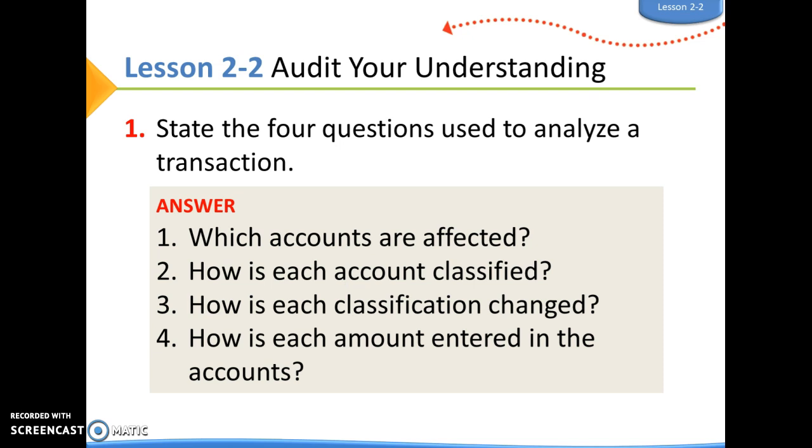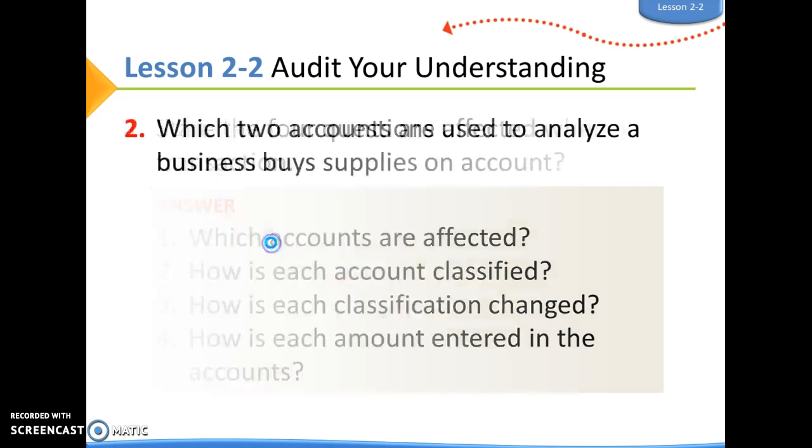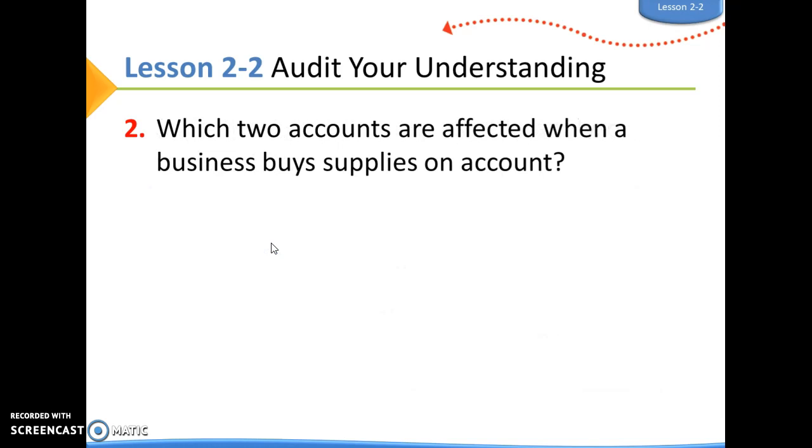Okay, which accounts are affected? How is each account classified? How is each classification changed? And how is each amount entered into the accounts? Which 2 accounts are affected when a business buys supplies on account?